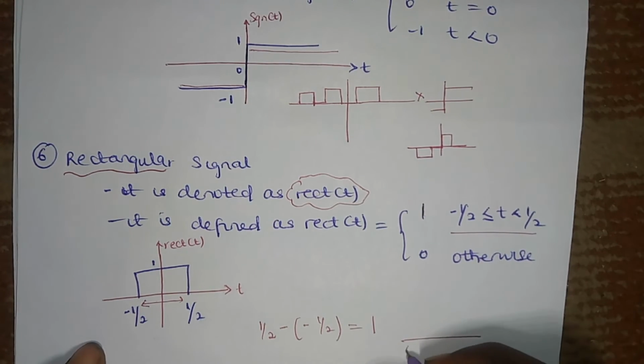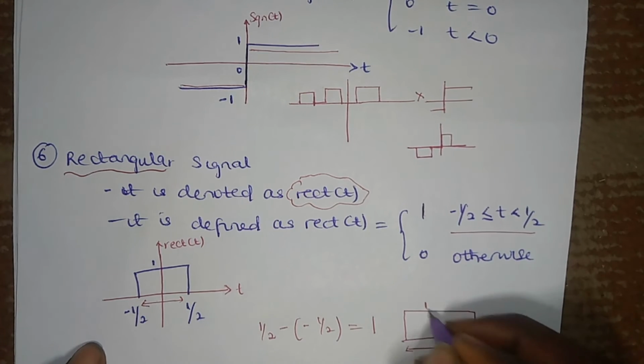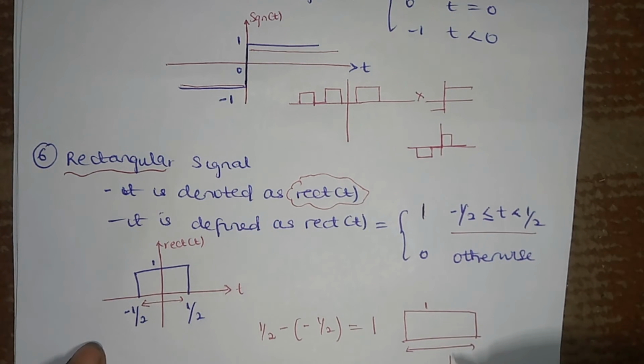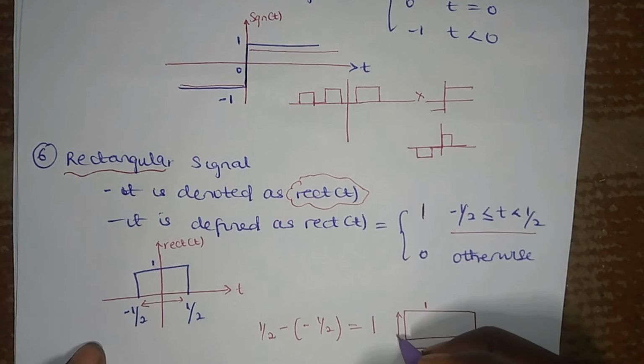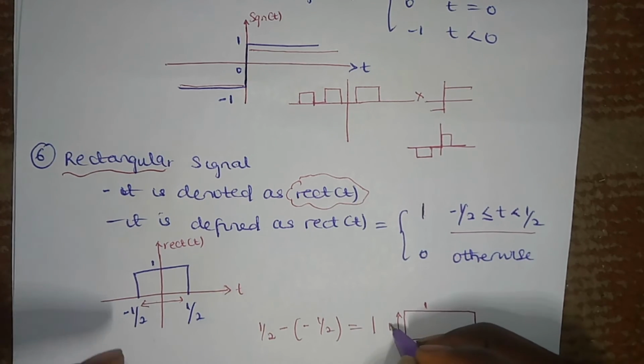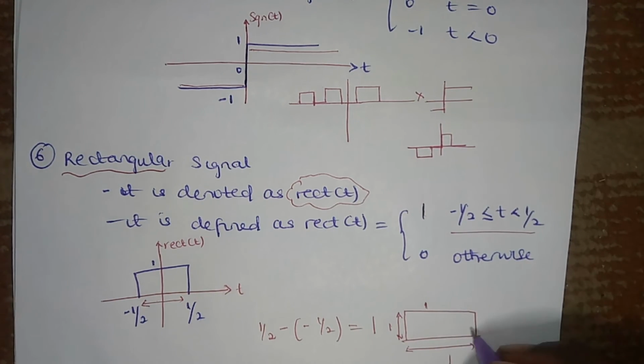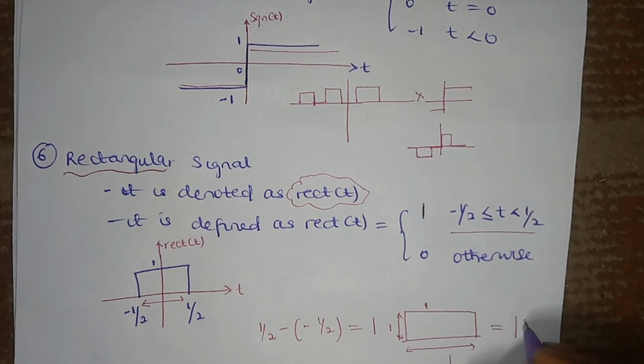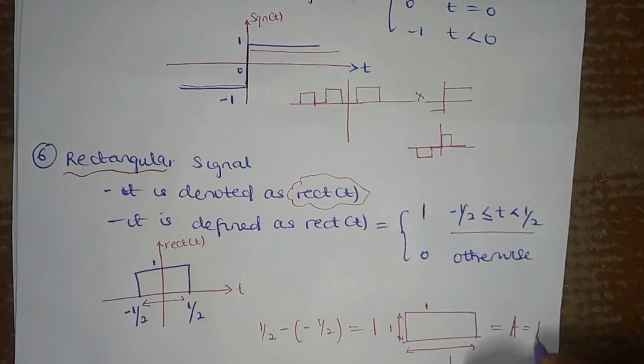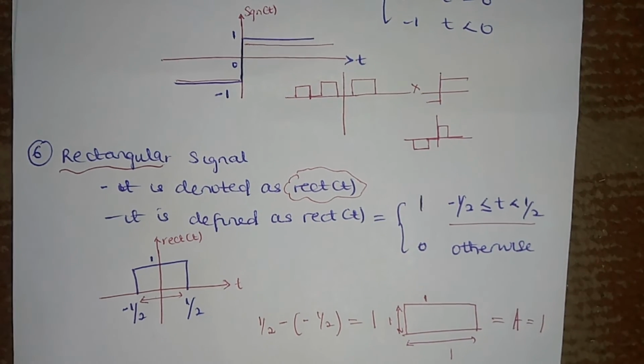So this side is 1 and the amplitude, which is the top, is also 1. That means the amplitude is 1, and this side is 1. It's having an area of unity. The area is 1 for the rect signal.